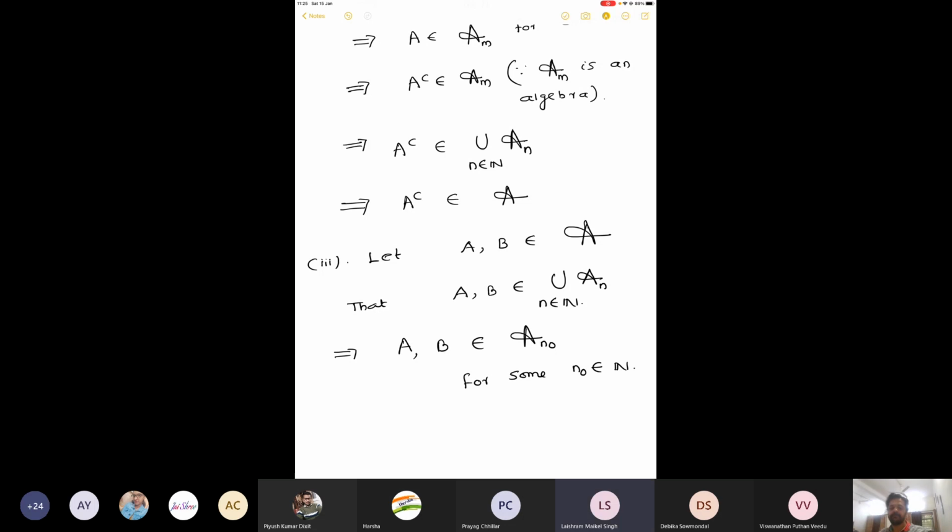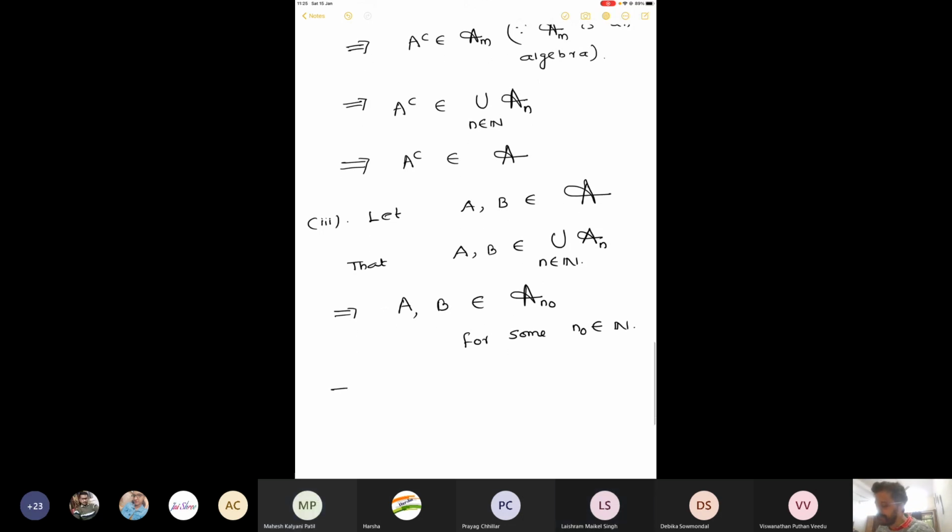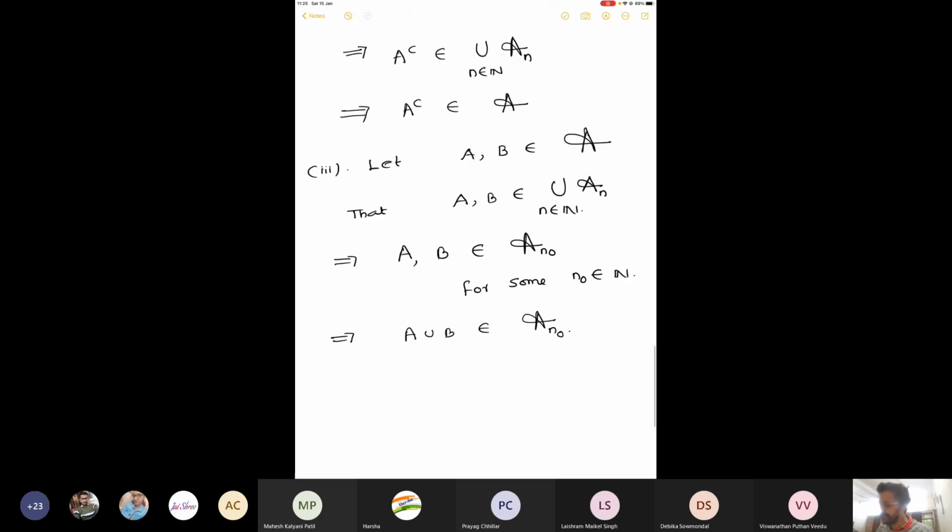Yes. And that will imply A union B is in A_n-naught, because A_n-naught is an algebra. And that implies A union B is in union N element of N, A_N. You should be convinced with this. This is the only step.